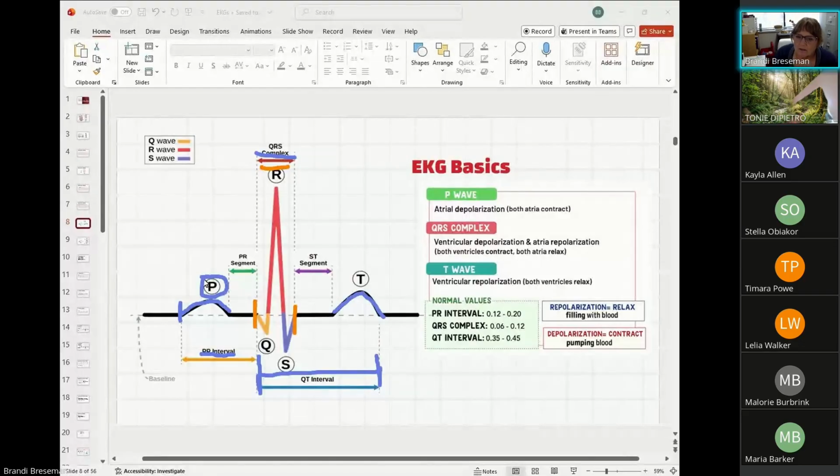While your cells are repolarizing, getting ready for the next contraction and relaxing, which for our ventricles is our T wave, they cannot take another electrical impulse. If an electrical impulse comes in this part of the cardiac cycle, it can put that patient into complete cardiac arrest.